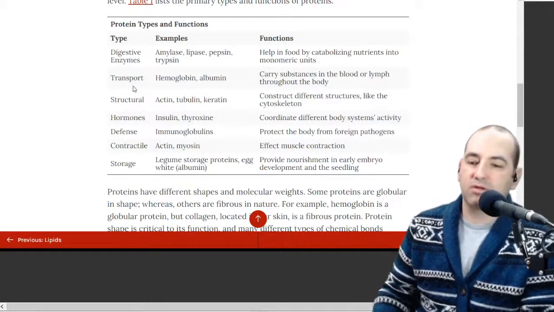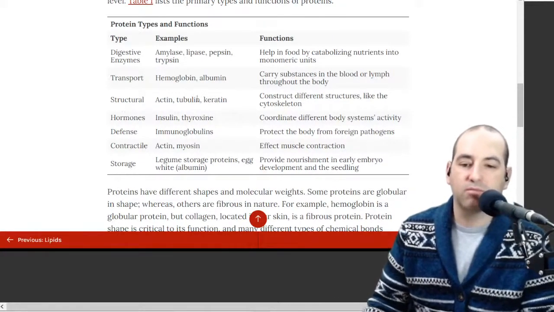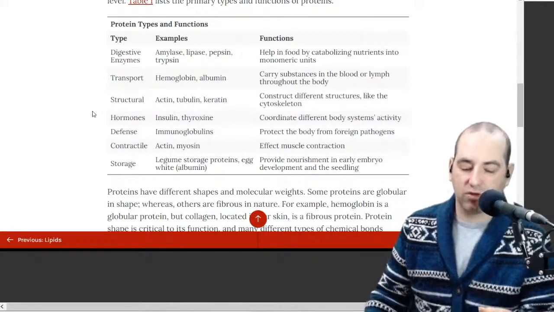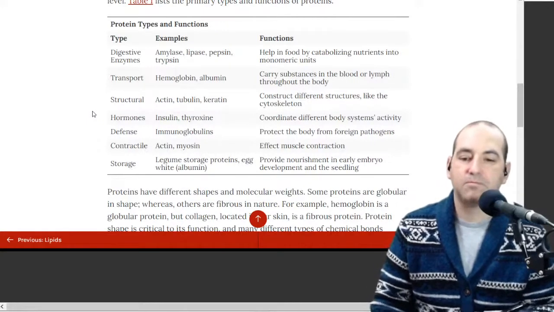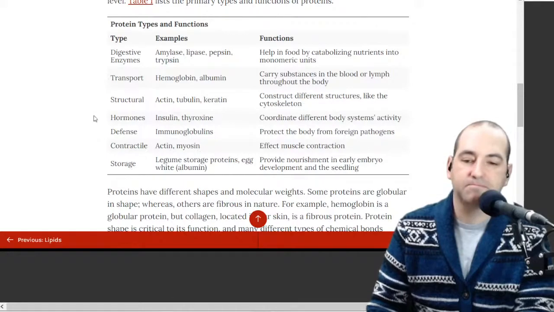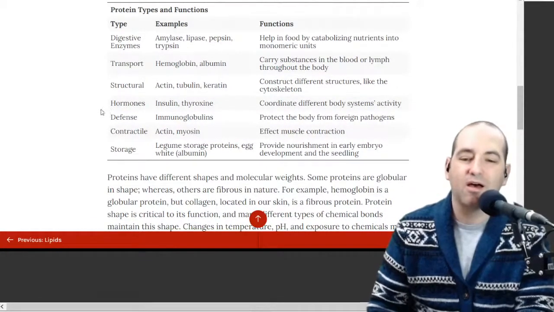There's transport, so proteins that carry things around the body. Structural proteins are used for a structural or mechanical component, to hold things up, and all kinds of different things.